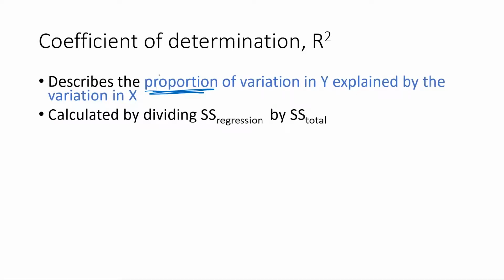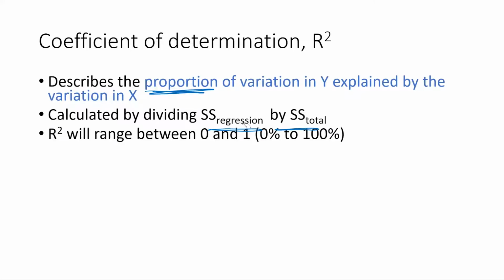And it is calculated by dividing the sum of squares regression by the sum of squares total. So in other words, the variation explained by our regression by the total variation. Right? If more variation is explained by the regression, it gets closer to the sum of squares total.